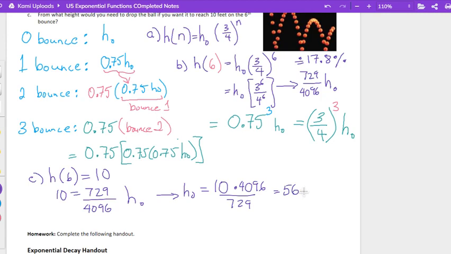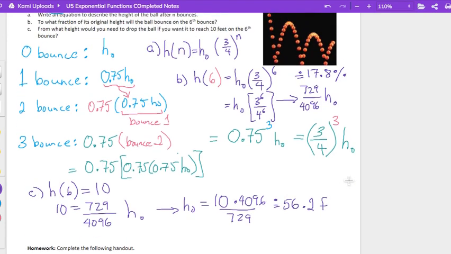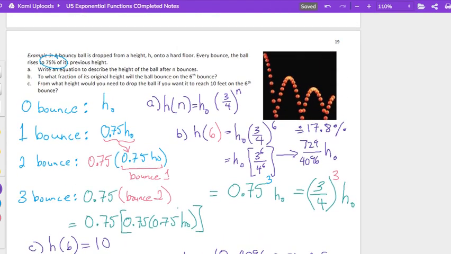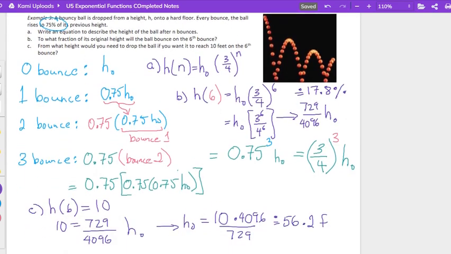I get approximately 56.2 meters, feet. What are we talking about? Feet. Yeah.